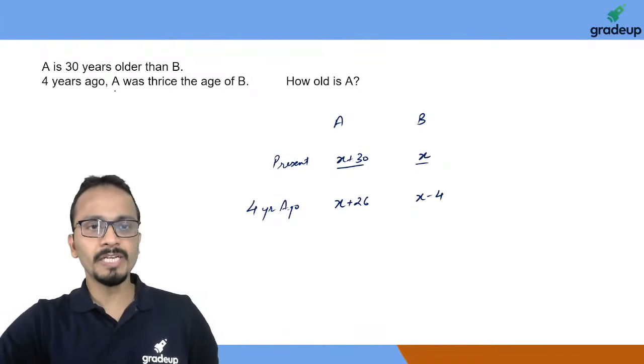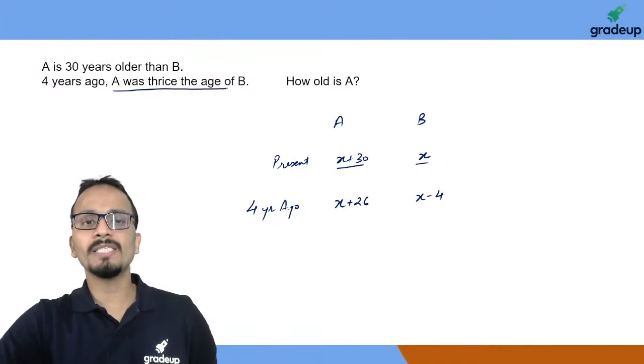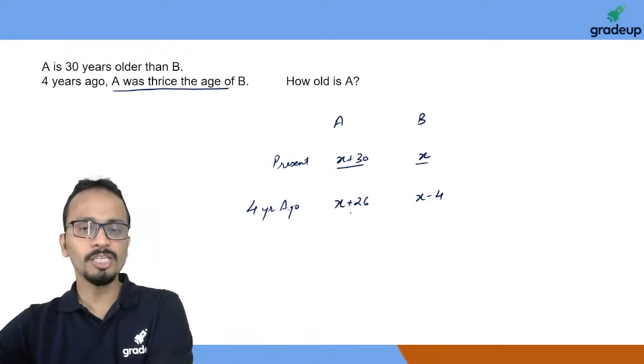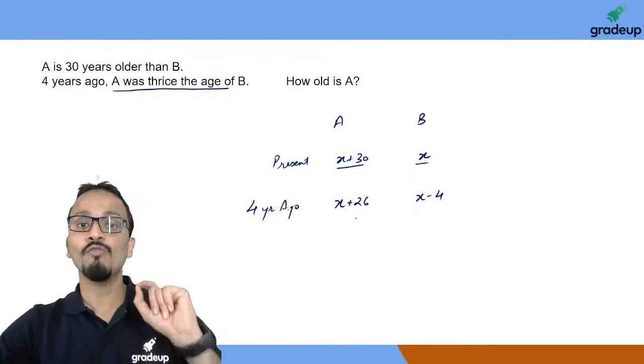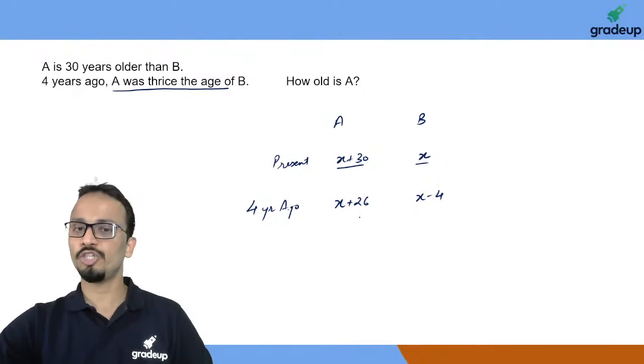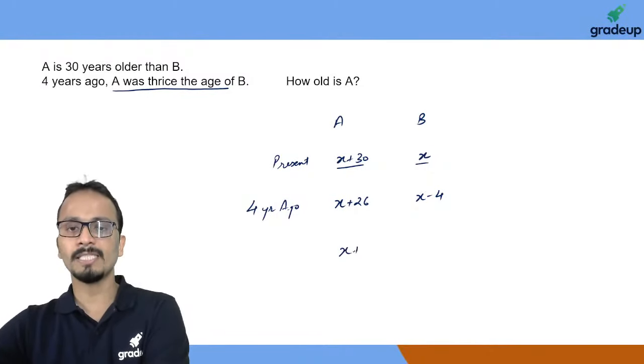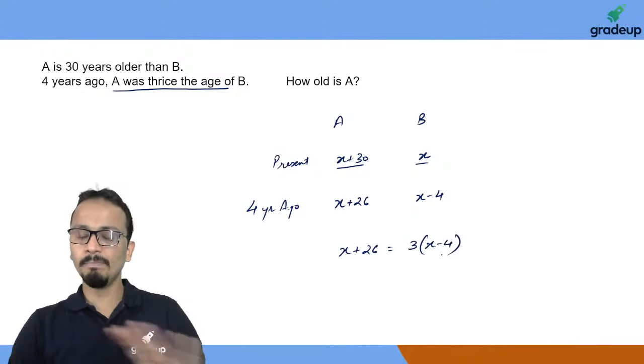Now the relation between their ages is A was thrice the age of B. So the age of A was 3 times the age of B. So I can write it as X plus 26 is equal to 3 times X minus 4. Simple.